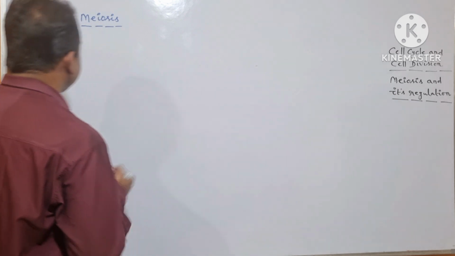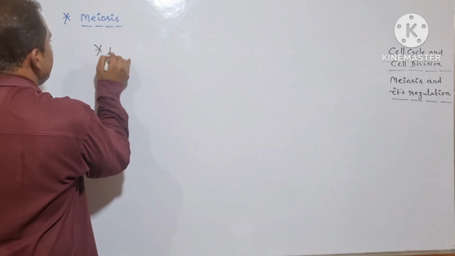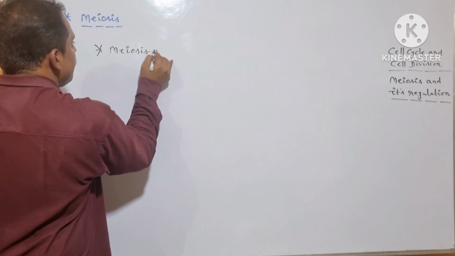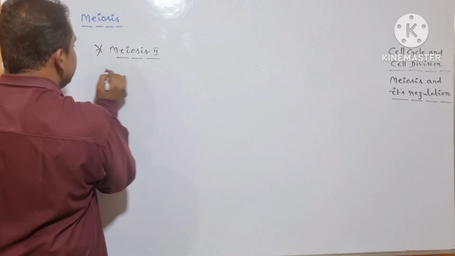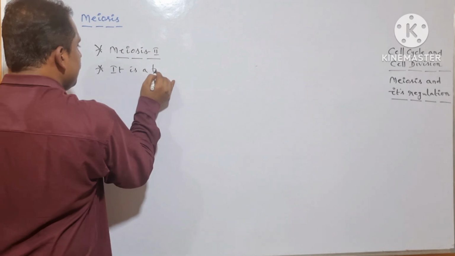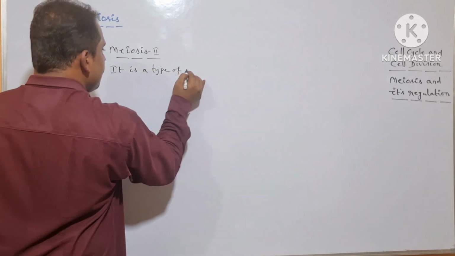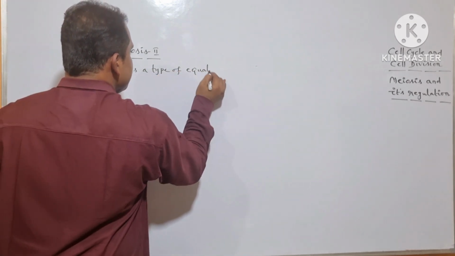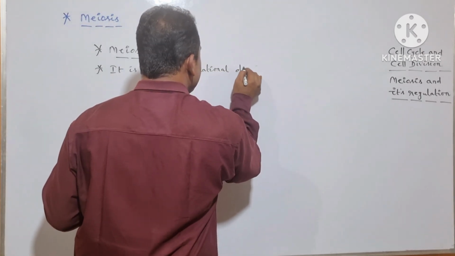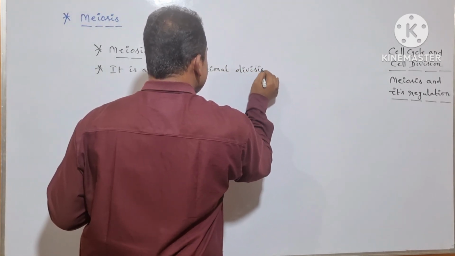So let me write it here. Meiosis 2, it is a type of equational division.